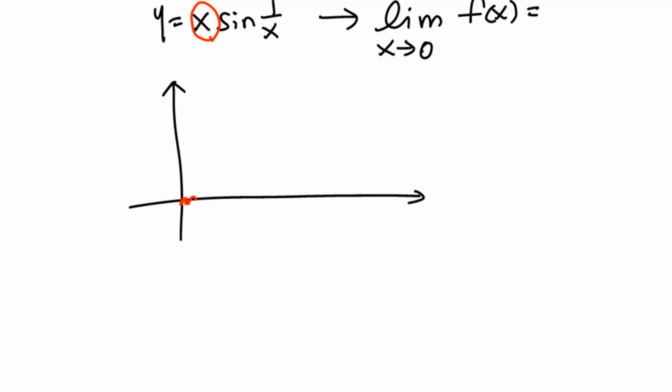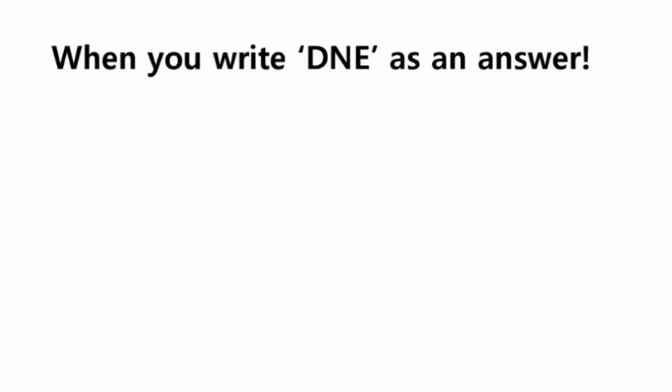But as x gets greater and greater, the amplitude is greater too. So in this case, the limit as x approaches 0 is 0. So very similar to the previous question, but the answer is kind of different.